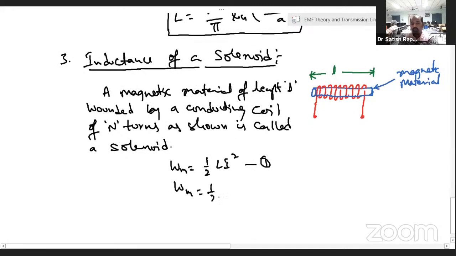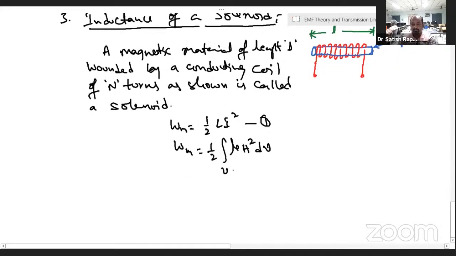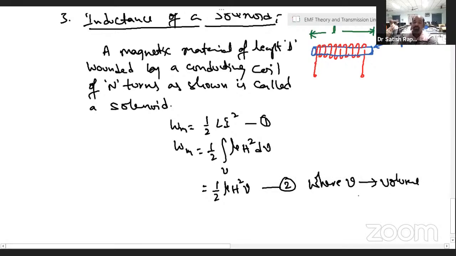Wm is equal to half volume integral mu H square dV, or this can be written as half mu H square V, where V is volume.